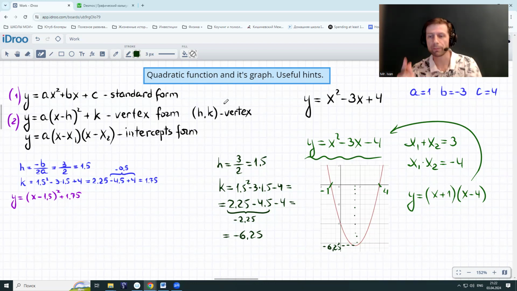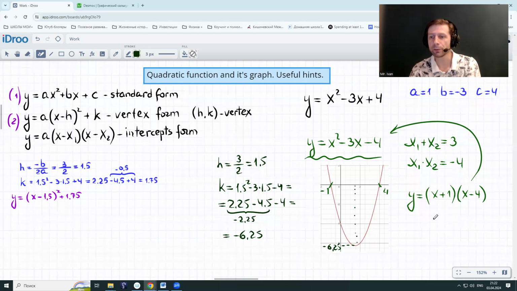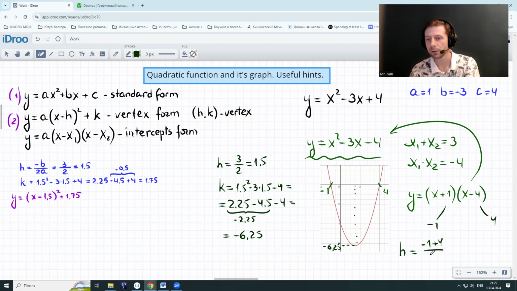Then, from the intercepts form, you could get into the vertex form, or into the standard form, which is easy, you just expand the parentheses. But to the vertex form, you could say, if you have x1 and x2 here, which are negative 1 and positive 4, then h would be even simpler found just as the average of these two, negative 1 plus 4 over 2, which is 3 over 2, which is 1.5.